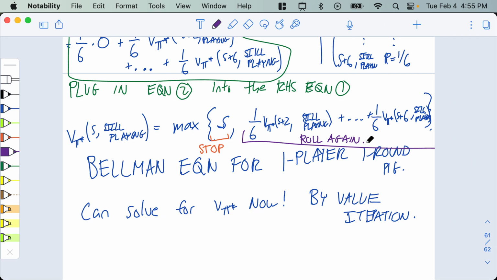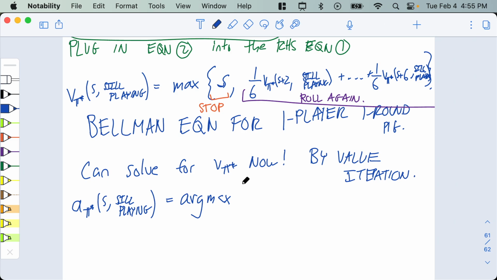If you want to know the optimal action, you don't ask which value is bigger. You ask, of these two options, which one is bigger? And that is called an argmax. So A pi star of S, still playing, is the same equation, but it's the argmax. The argmax means tell me which one. So the answer will either be stop or roll again.